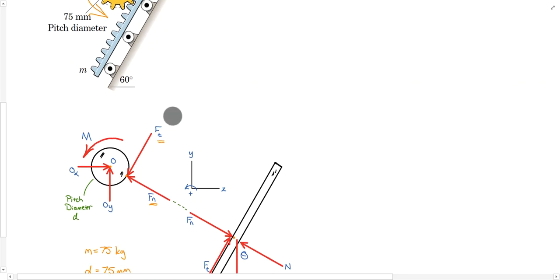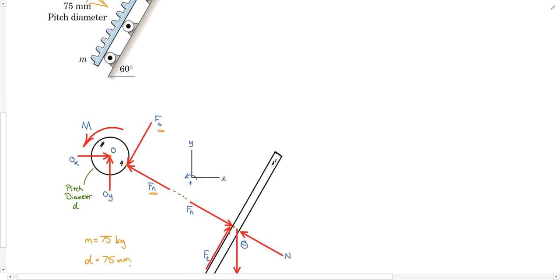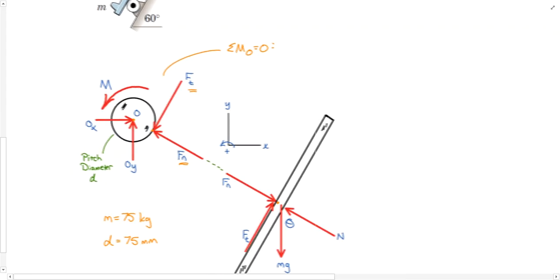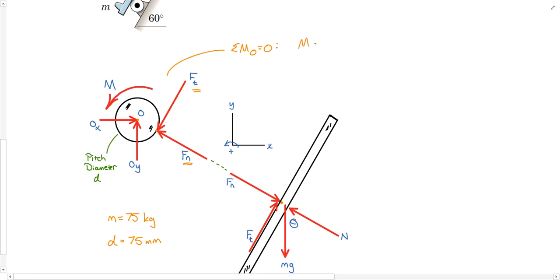We could easily write a moment equation for this gear, counterclockwise positive. Sum of the moments around O is equal to 0, and we would have M minus Ft times d over 2 equals 0.